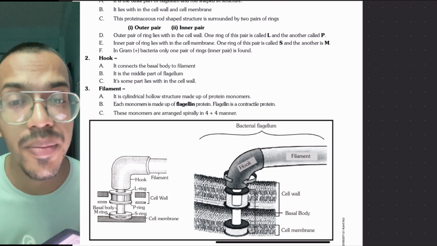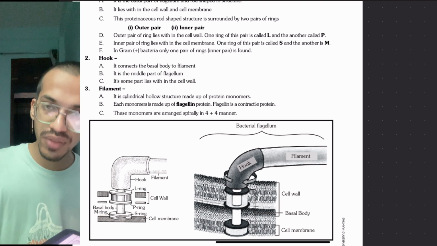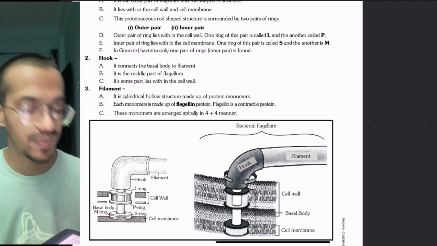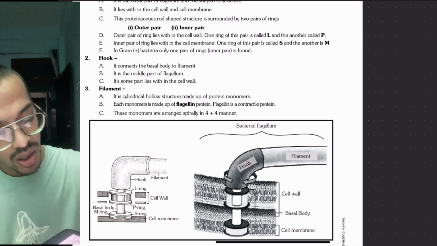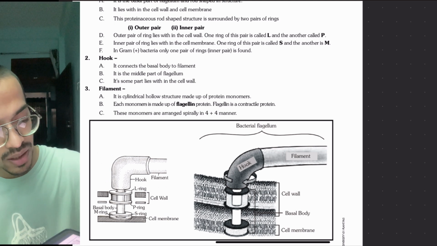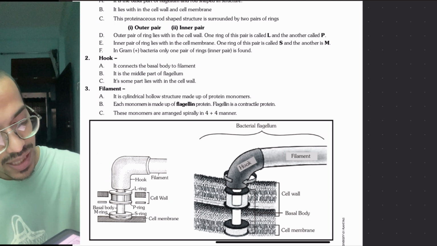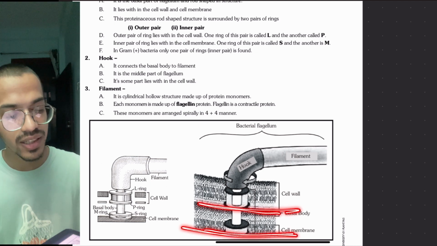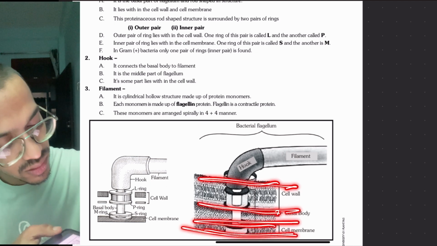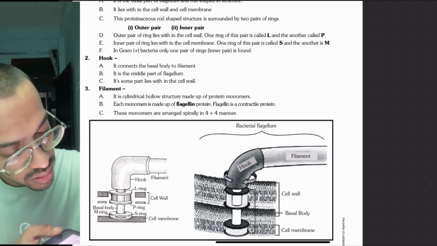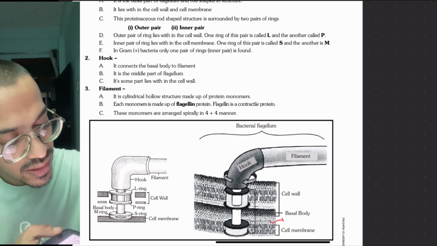These are plasma membrane extensions. That's why we are going to study this first. So this is what our flagellum will look like. This is the cell membrane. This is the cell wall, and in between this area is the pericellular space.